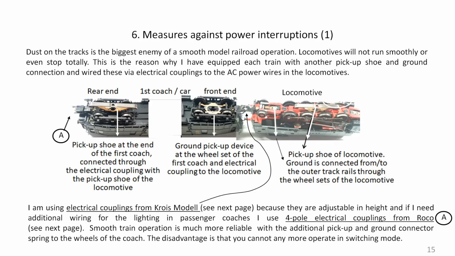Since I have done this for all my trains, I have no more stoppage and no more rattling because of dust on the tracks. And of course I clean my tracks once in a while, but I do not have to do this really every day, but maybe every other month.